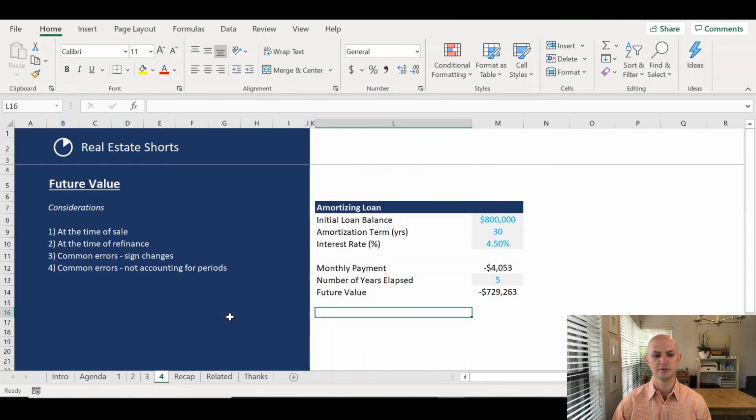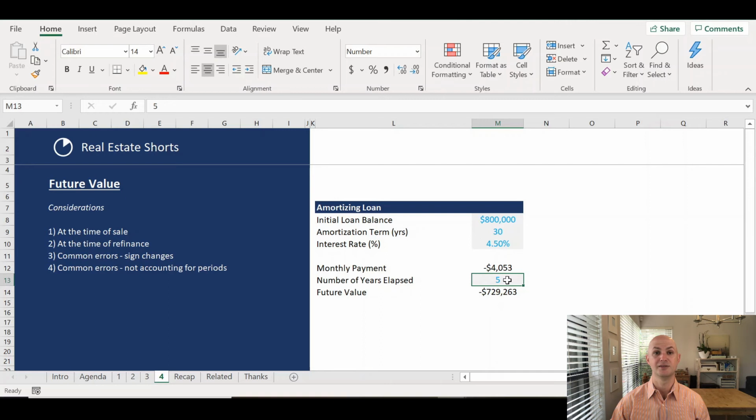So some important considerations. Normally this is going to come into play again at some kind of capital event. So refinance, disposition, some kind of milestone event in the life of the property. Some errors that typically happen. So first is pay attention to time. As we look at the amount of time that has gone by, just remember that that's really what this is a reference of.